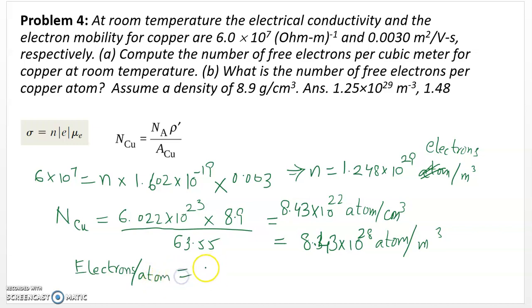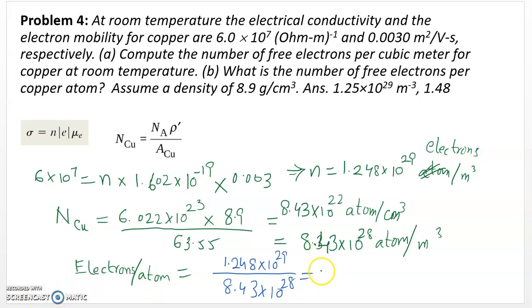That means the ratio of these, which is equal to 1.248 into 10 to the power 29 divided by 8.43 into 10 to the power 28.